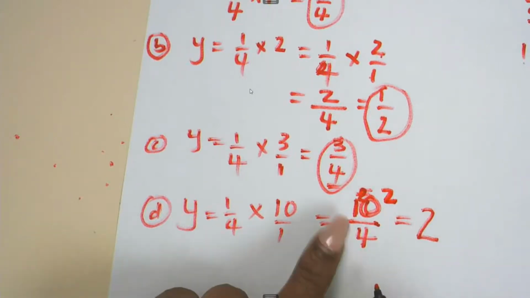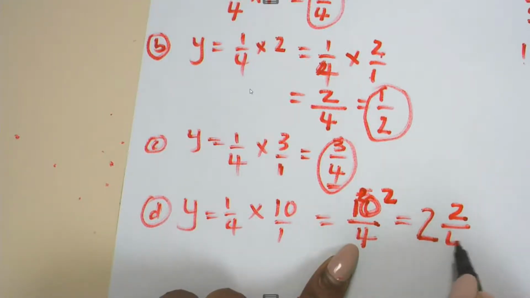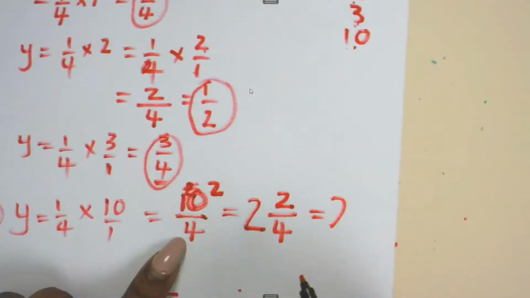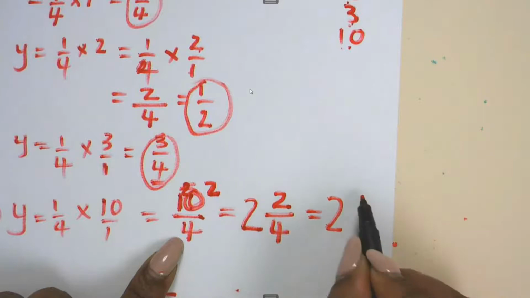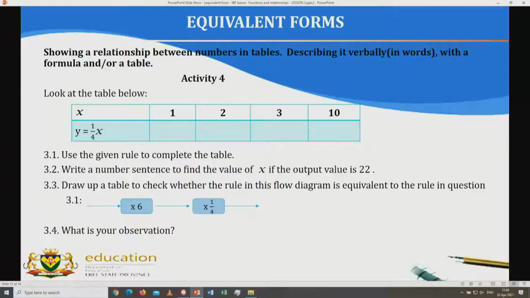Now, 4 into 10 goes 2 times. The remainder will be 2, and then we'll be having our denominator 4, which is 2 quarters. In its simplest form, we are going to have 2 and 1 half. Now, let's check the rest.